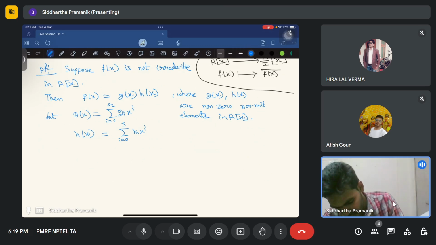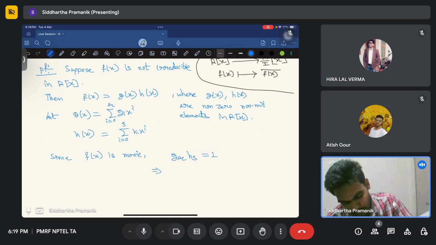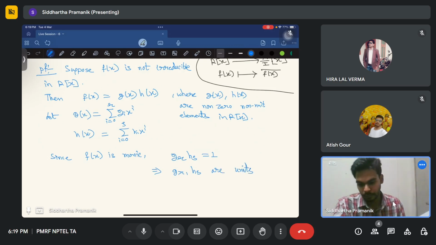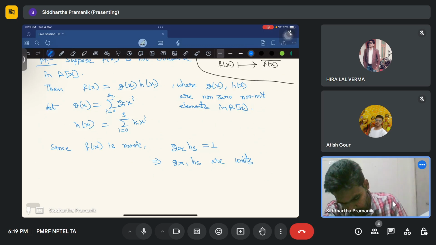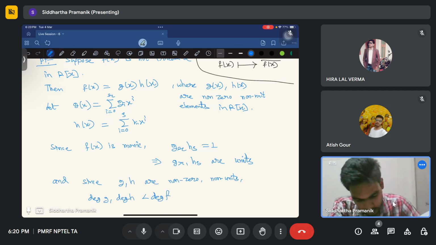Since f(x) is monic, that implies gr times hs is 1, because that gives the leading coefficient of f(x). So gr and hs are units, and since g and h are non-zero non-units, the degrees of g and h are strictly less than the degree of f.